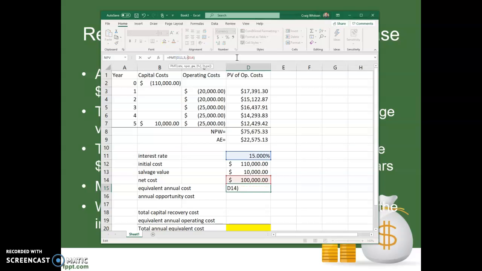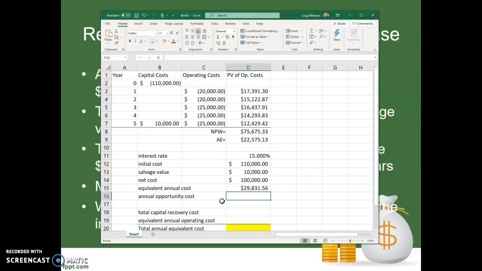I'm just going to keep things positive. So that's $29,831 is our annual cost in terms of capital costs. This is looking at how much the equipment originally cost, what we salvage it for, so what is that net cost, and then spread it out. So this is the annual equivalent capital cost.